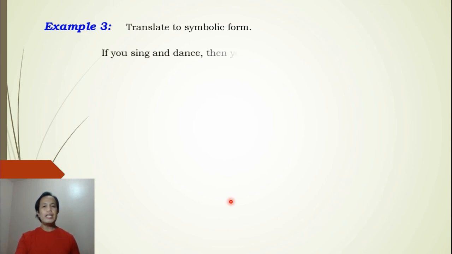For example, we are given a statement and we need to translate this one into symbolic logic. Translate to symbolic form: if you sing and dance, then you are smart or beautiful. As you have observed, the antecedent, or the hypothesis, is composed of a compound statement, and the consequent is also composed of a compound statement.